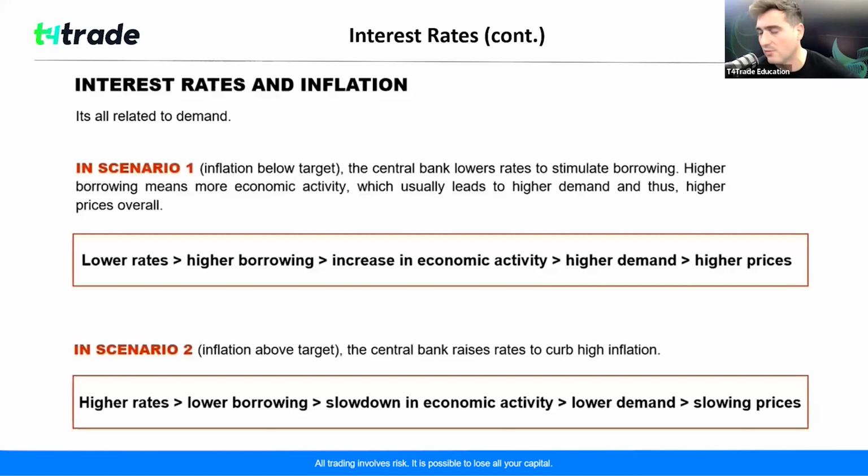So periods of low interest rates tend to boost higher borrowing, which means more money flowing in the economy, which increases economic activity. Therefore, when you have higher economic activity, that tends to lead to higher demand.